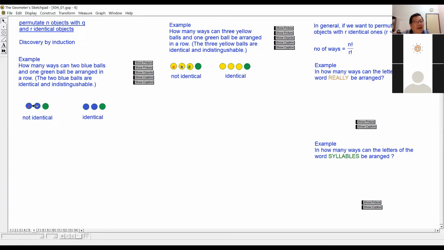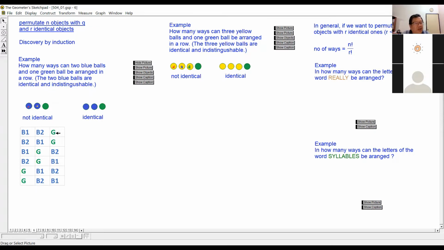Now, how many ways can you arrange the balls? Let's say the two blue balls are not identical. So I call them B1 and B2. Then the green ball, only one, so I call it G. So how to arrange the three together?